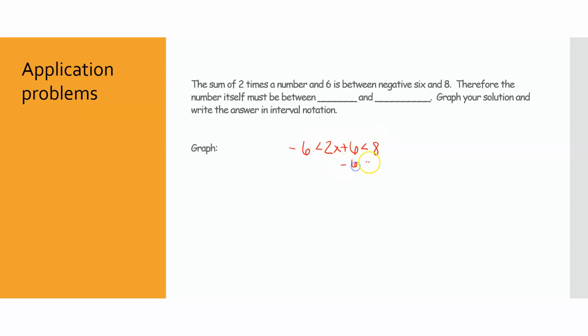So let's solve. -12 less than 2x is greater than 4. Now I'm going to divide by 2. So I have -6, which is less than x, is less than 2. So the numbers have to be between -6 and 2. You got to solve it before you write those in the blank.